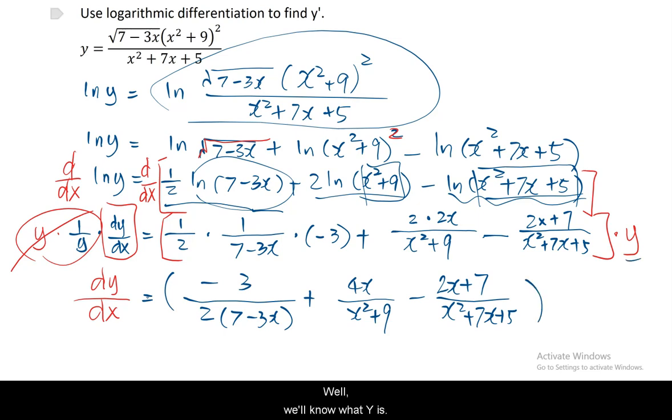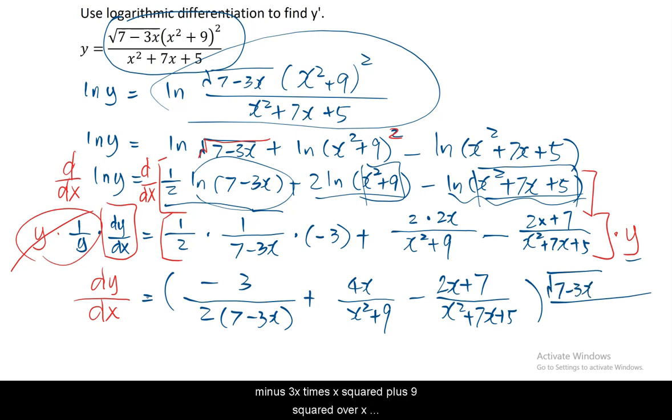We're given what y is, so we'll just replace this y with the expression of x. That is square root of 7 minus 3x times x squared plus 9 squared over x squared plus 7x plus 5.